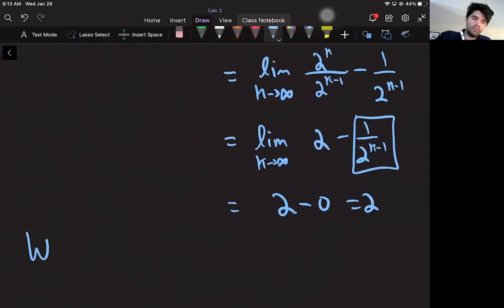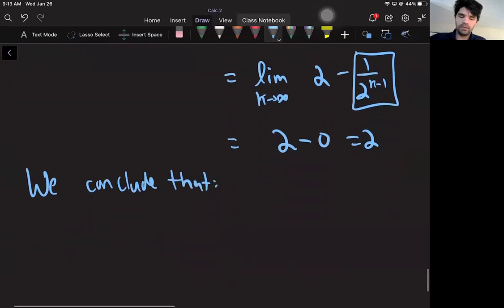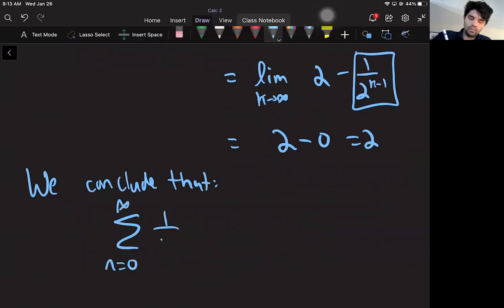So we conclude that the initial infinite sum we were looking for should just be 2.